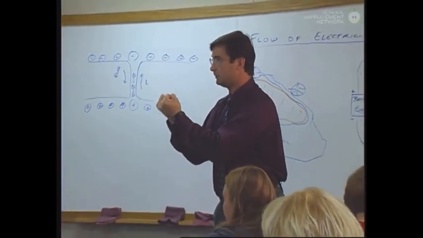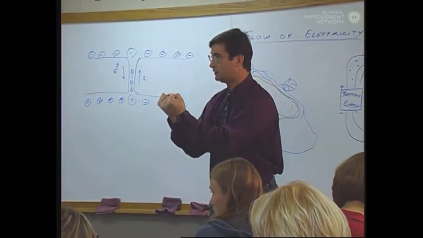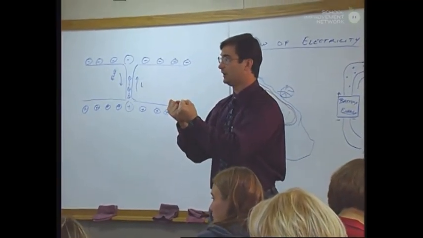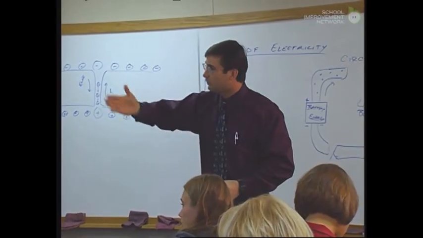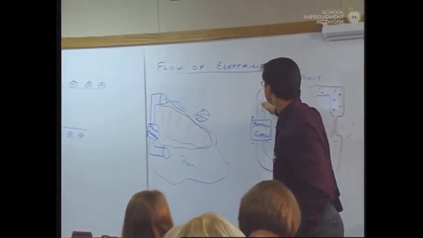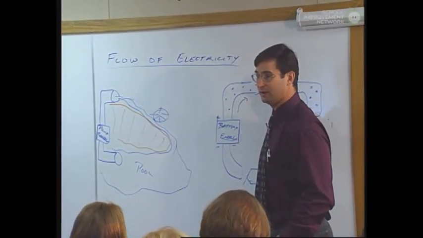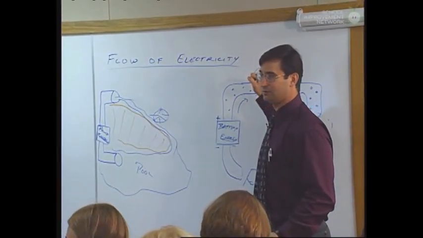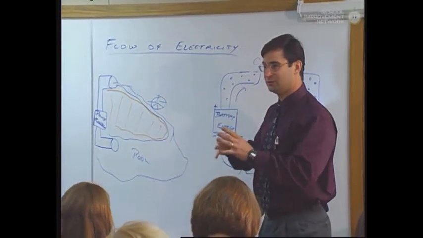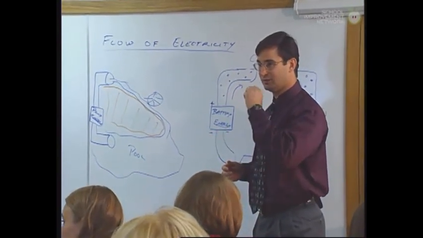In what type of materials are electrons held tightly? And in what type of materials are the electrons able to move from one atom to another? They're bouncing around quite a bit.